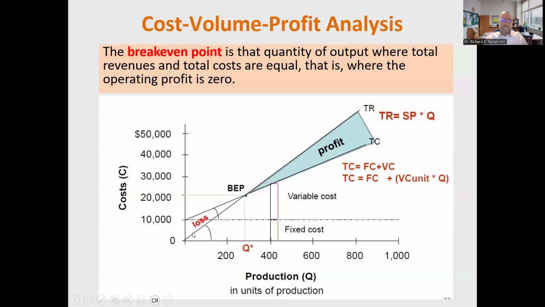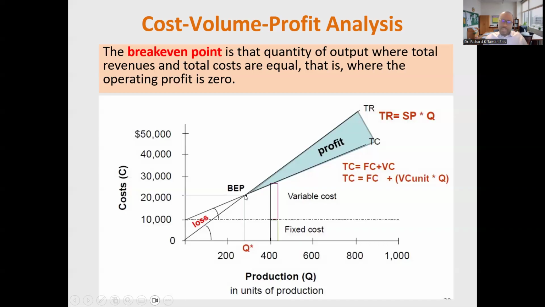So at a point in time, you realize that the revenue line is below the total cost line here. That is why we call it the loss region. Loss, because the total cost exceeds the total revenue.